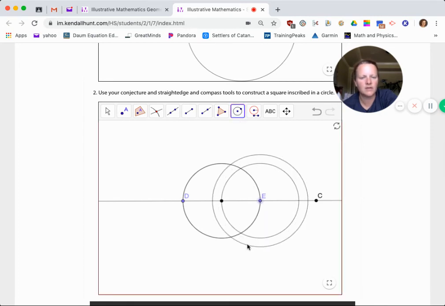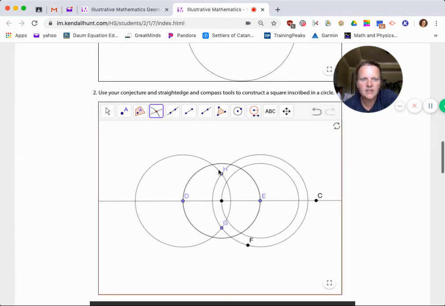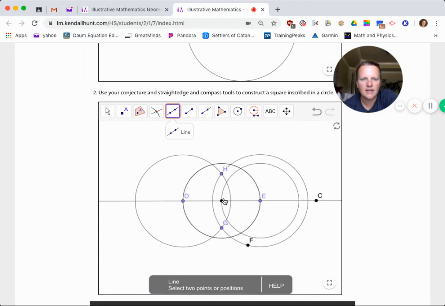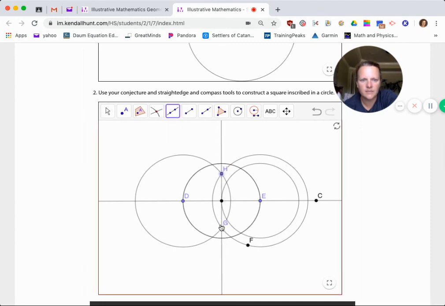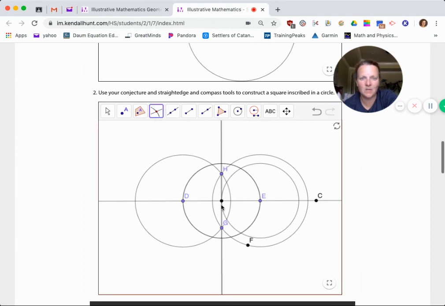Then I want to circle a little bit past there, and then copy that circle a little bit past and put it there. I think that's right. Then those intersections, and then a line through. We got it. Okay, that was a bit quick, but you can always go back and watch the video.